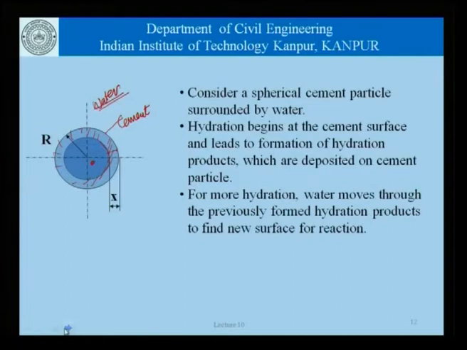For more hydration, once these hydration products have been deposited on the cement particle, water from outside needs to move through the previously formed hydration products to find new surface for the reaction. So, basically water moves from outside and finds new surface here, and then at another point in time we may have a situation where more cement has been hydrated.